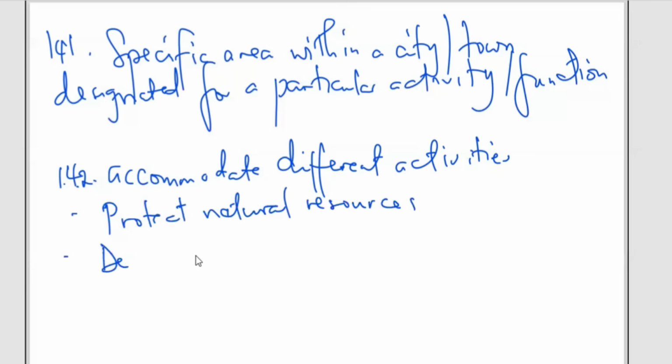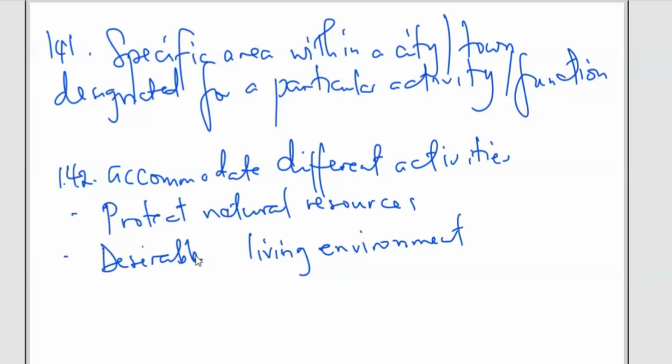Then we can also talk of achieving a desirable living environment. The reason why you tend to find that there are some activities which are not compatible, for example, we cannot have the low income area or the high income area being closer to the industries.